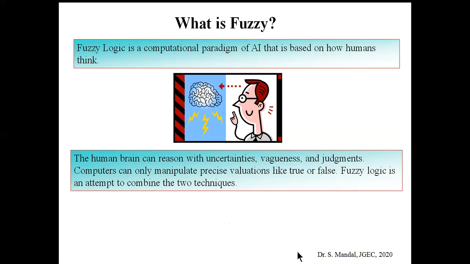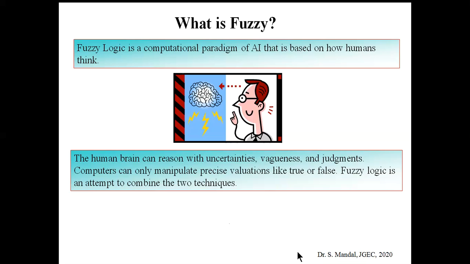Whenever we think or interact with another person, we always think or talk with a certain amount of uncertainty. Whenever we ask anyone, how are you? He will answer, hey, not good, I'm fine, like this. That means there is lots of uncertainty or vagueness in his judgment or in his talk.